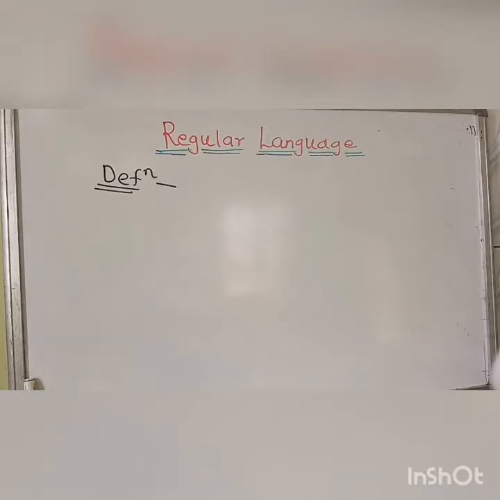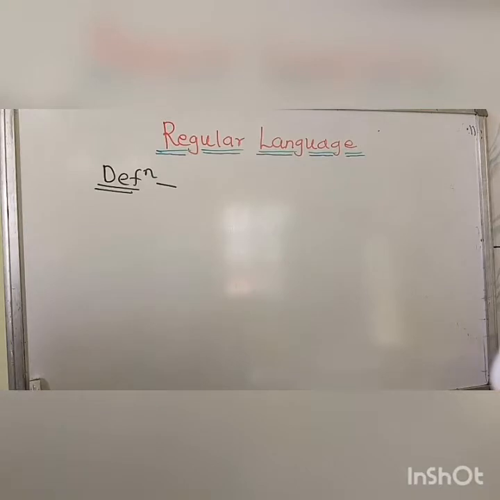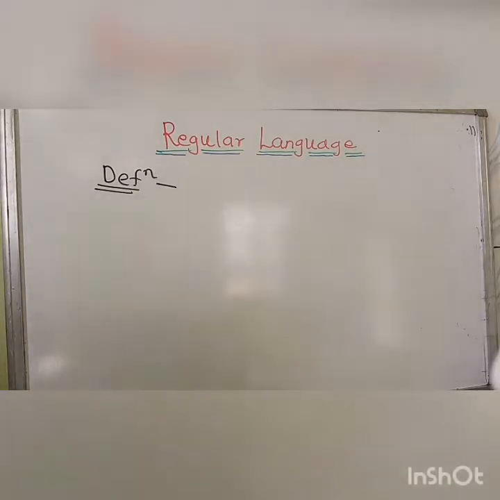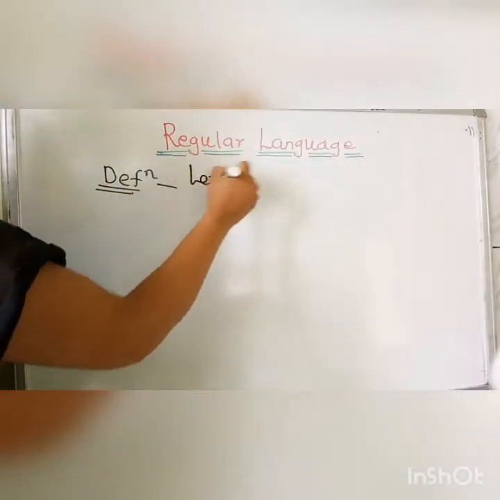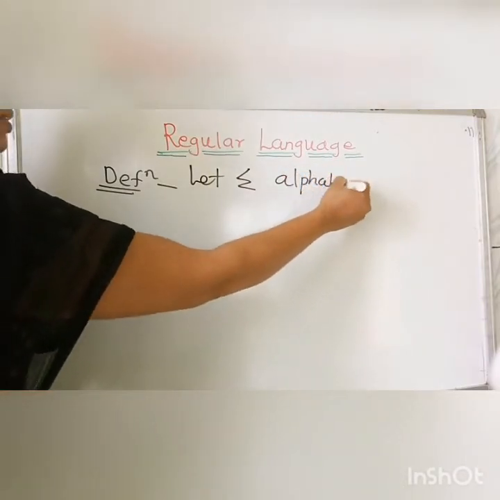We will see what is the actual definition of a regular language and which are the different terms that come under these regular languages. So, let summation be an alphabet set.